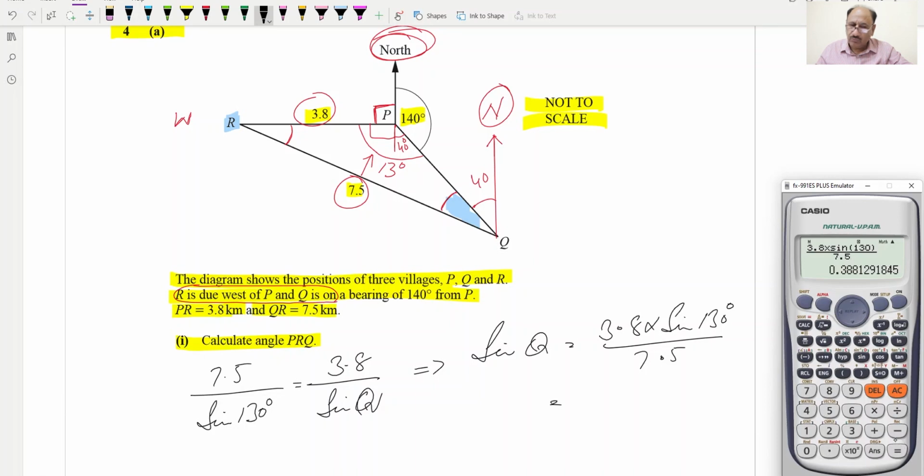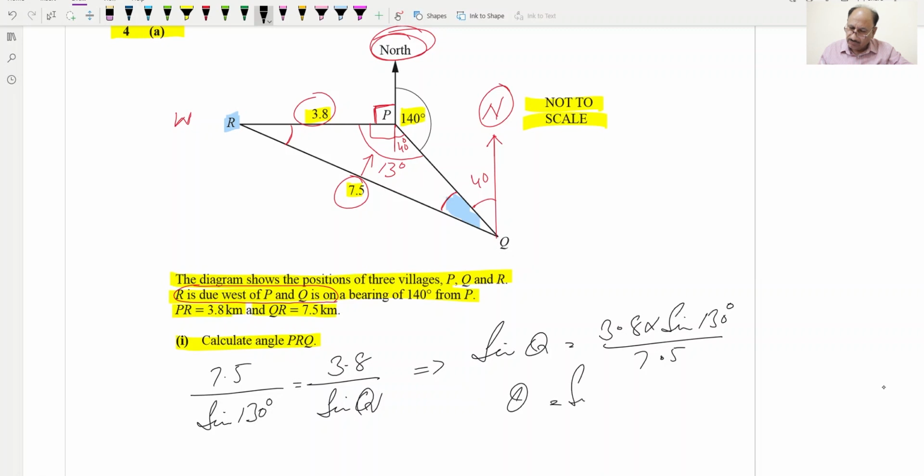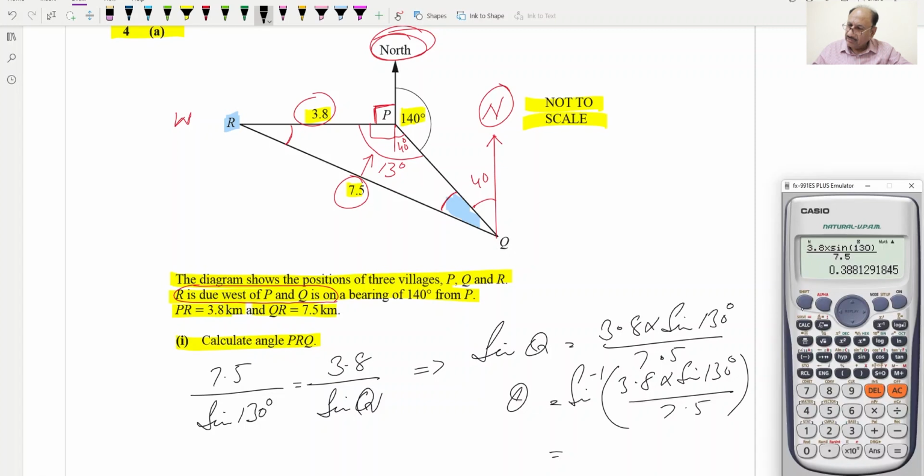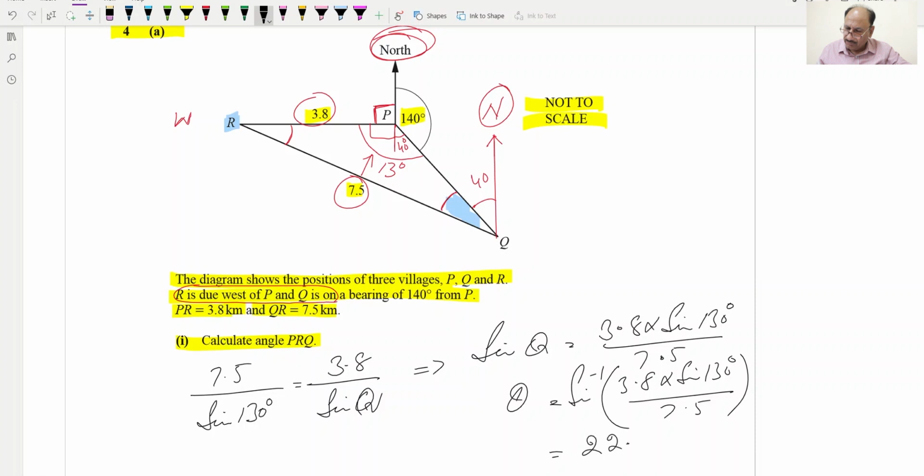To find theta, we take sine inverse of this answer, which gives us 22.838, so we round it to 22.84 degrees.